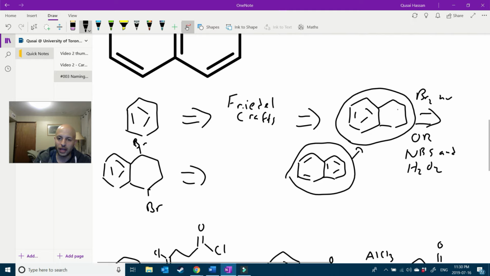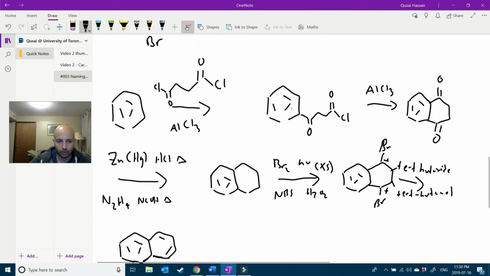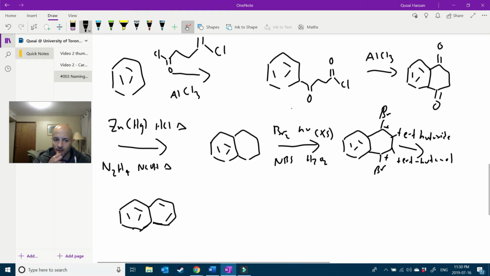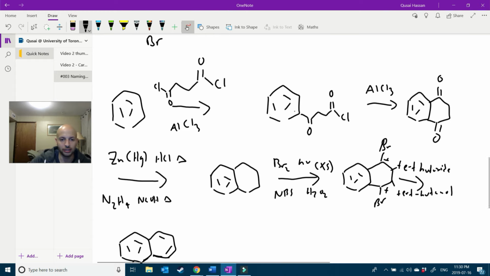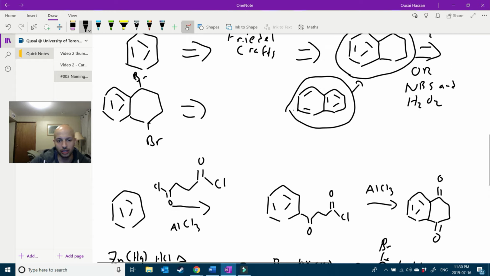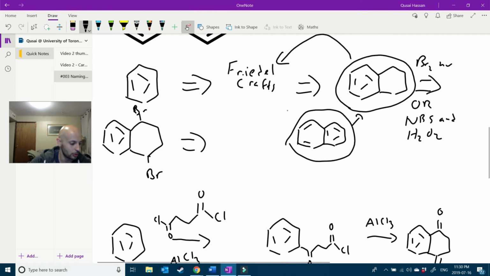But how do I get to this? Well, I have to do a Friedel-Crafts reaction, right? Because that's the usual way of adding an alkyl chain to benzenes. So anyways, that's how I would go through that question. It was a tough question, but it's a good exercise because it goes through a lot of different reactions that you learned in the aromatic chapter of your course, right?